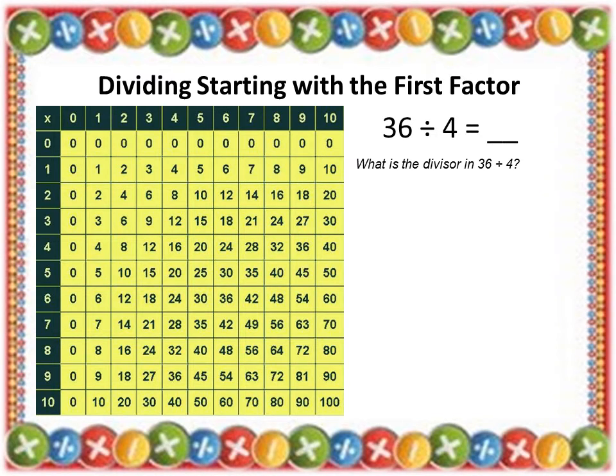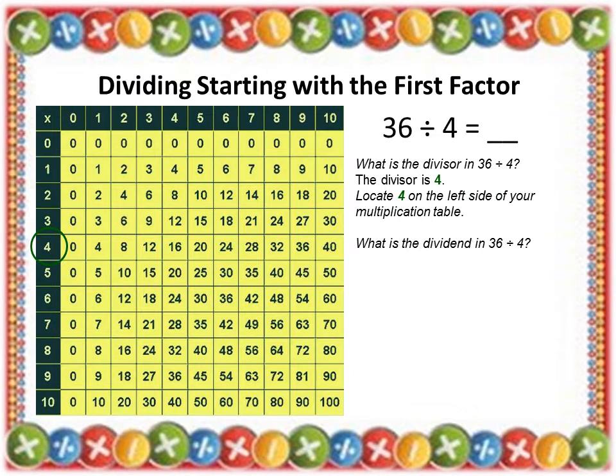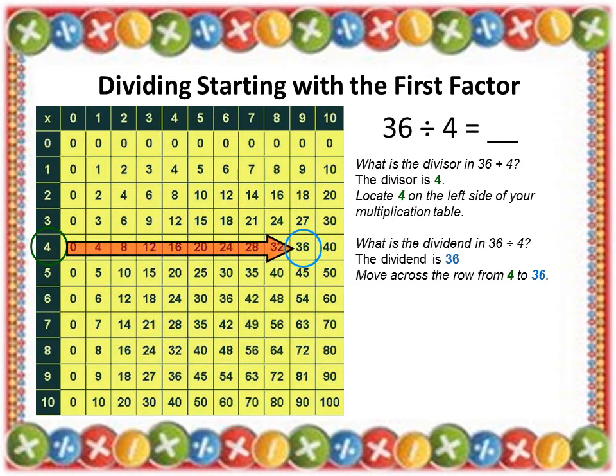What is the divisor in 36 divided by 4? The divisor is 4. So locate 4 on the left side of your multiplication table. What is the dividend in 36 divided by 4? Well, the dividend is 36. So we're going to move across the row from 4 to 36.